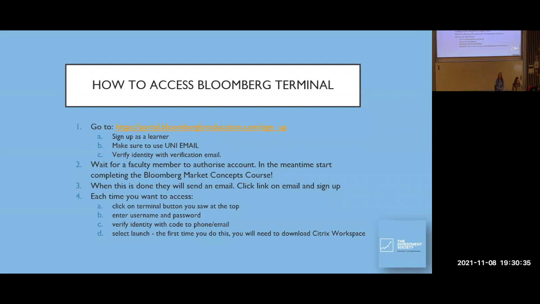So again, this is just a summary of everything to do, and when you're accessing it for the first time, there is something you'll need to be downloading, but it's all fairly easy to do as you go along. It's called Citrix Workplace, and that should all work.